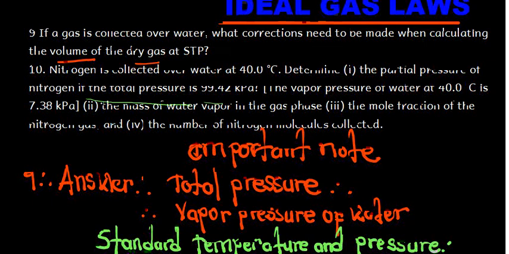I think that's a very easy question because remember from our preamble we said that to find the partial pressure of nitrogen, we are going to subtract the vapor pressure of water from the total pressure. Okay? So question 10, that is how you work it out.